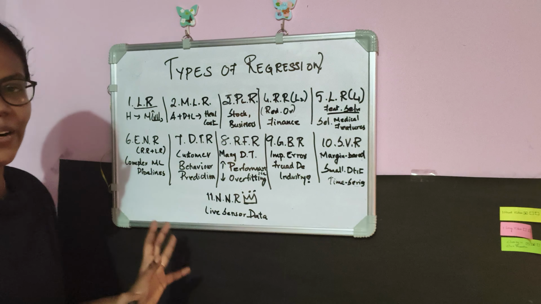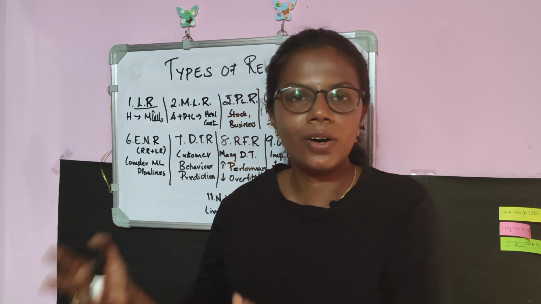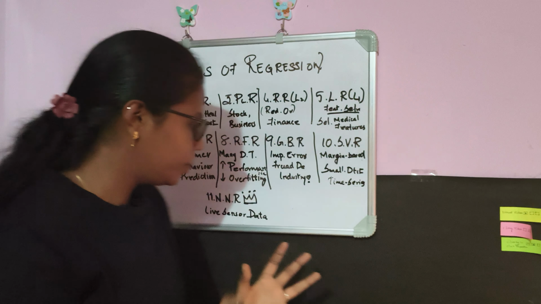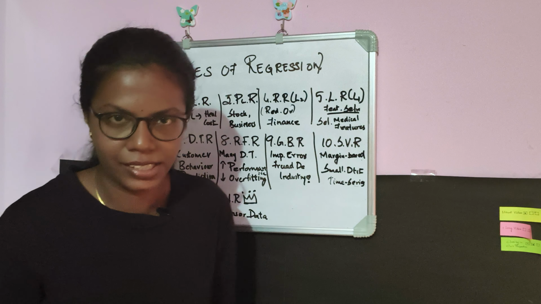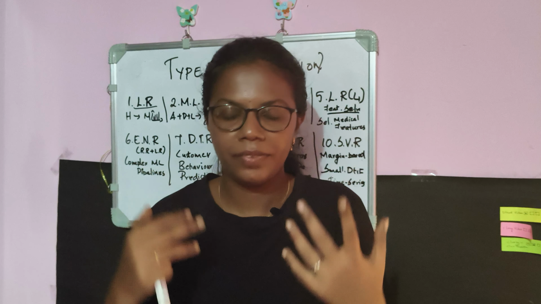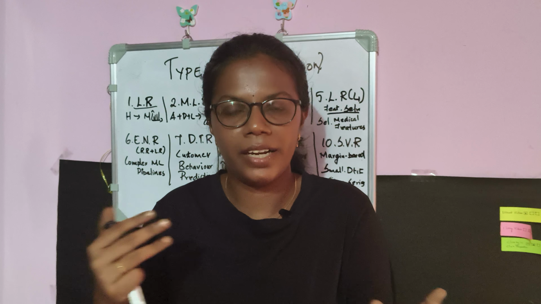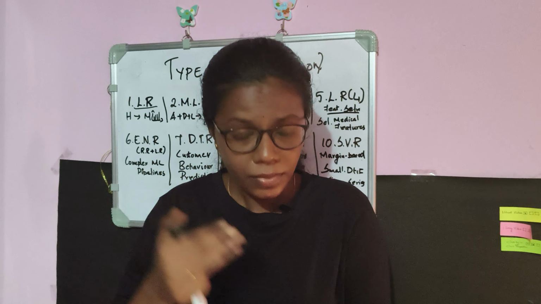The final algorithm that we are going to see is actually the queen and king of all regression algorithms. It's absolutely the neural network regression. In this year, in the current scenario, we are often dealing with live data, right? That we collect from weather, from news channels, from education, the researches.